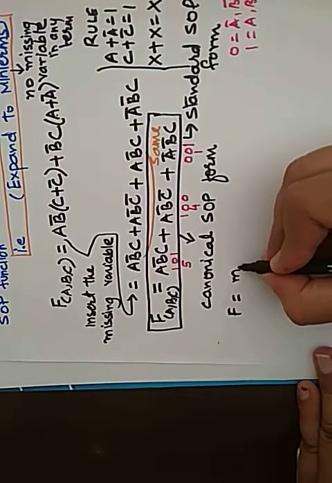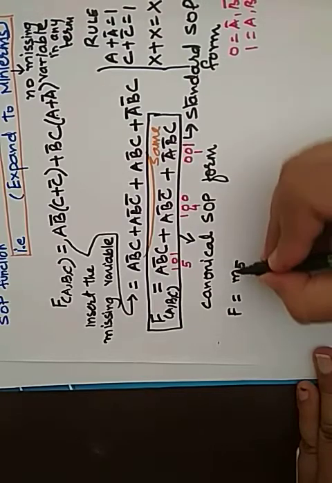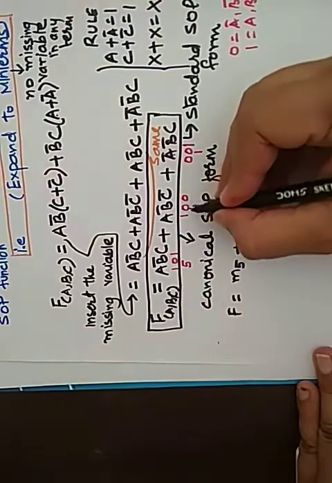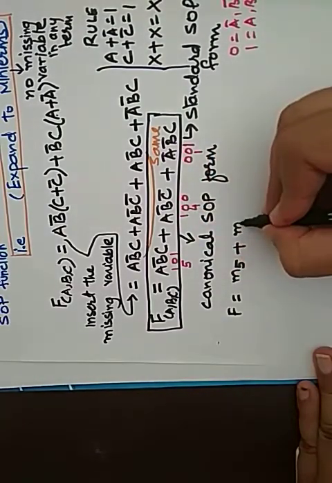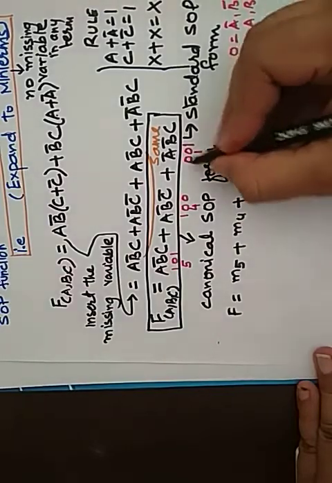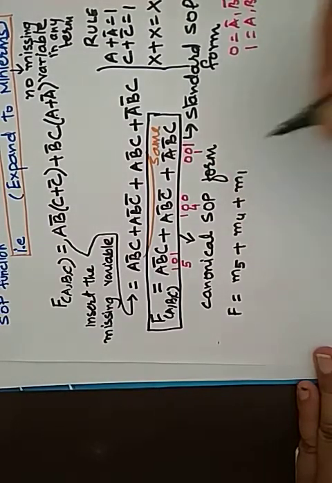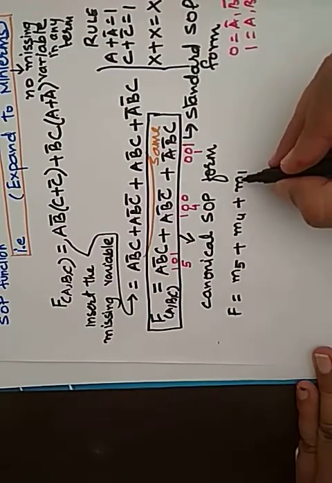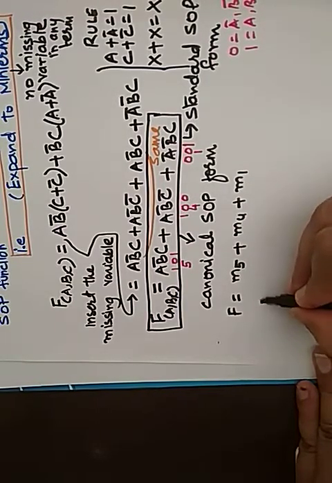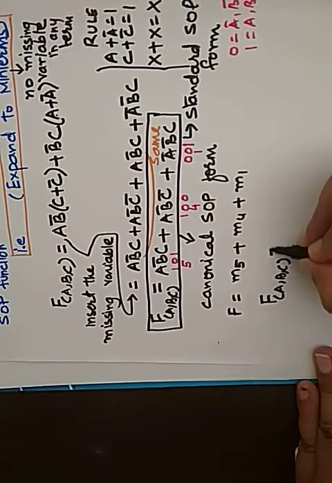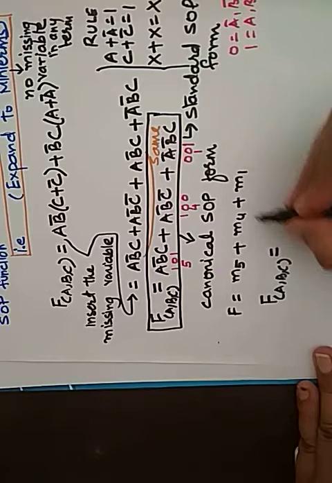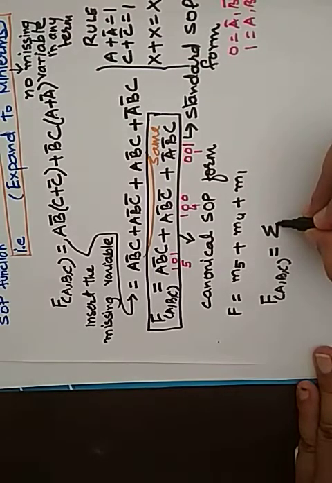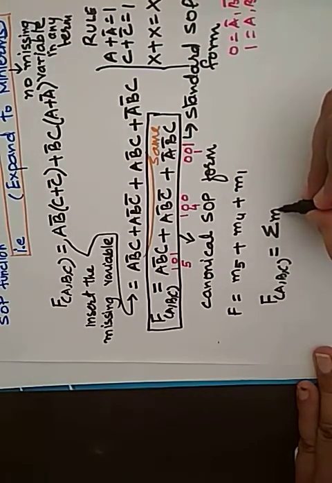We may write this as m5, small m, plus this is 4, m4, plus this is 1, so m1. The function can be written as m5 plus m4 plus m1, and to denote it in an expression form, this is sum. Sum is represented by sigma, summation, sum of minterms.